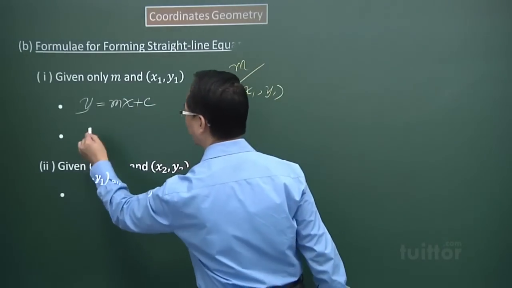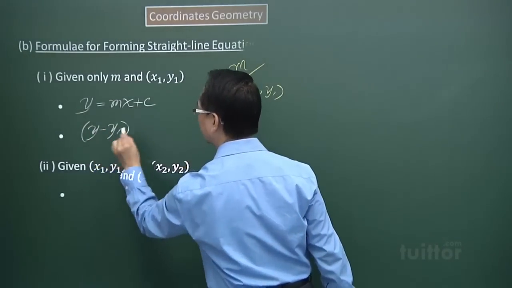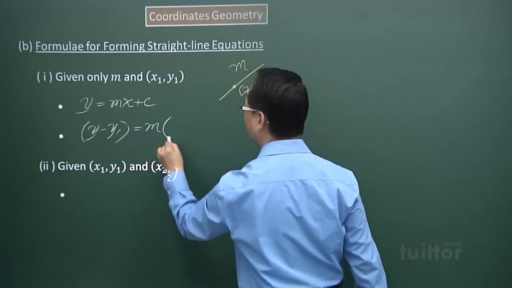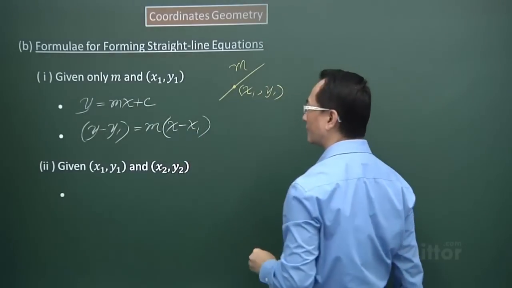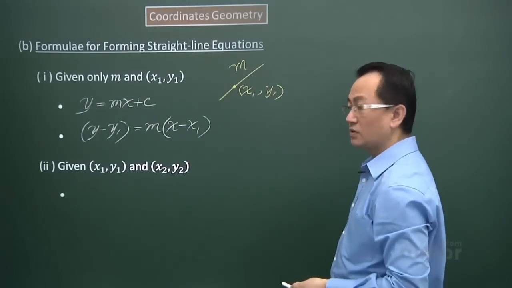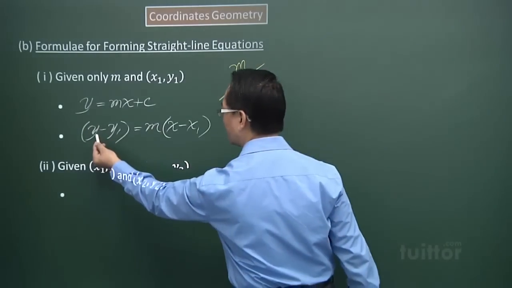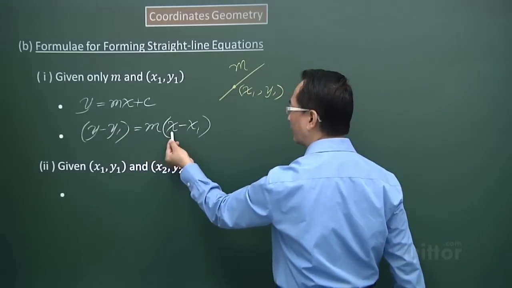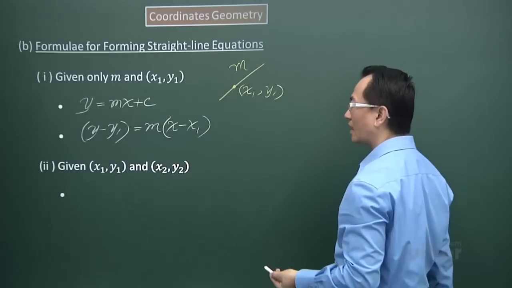Alternatively, I will have this formula, y minus y1 equals gradient times x minus x1. To use this formula, I must not substitute any value of y and any value of x into the y and x here.